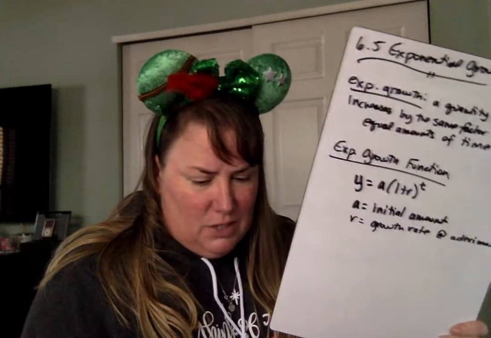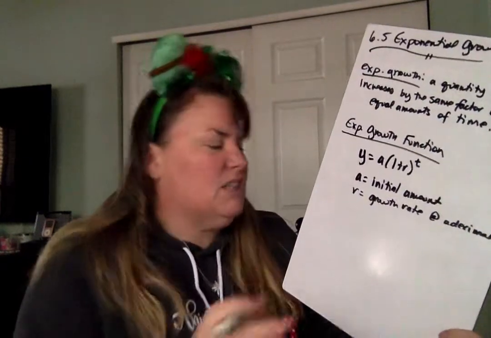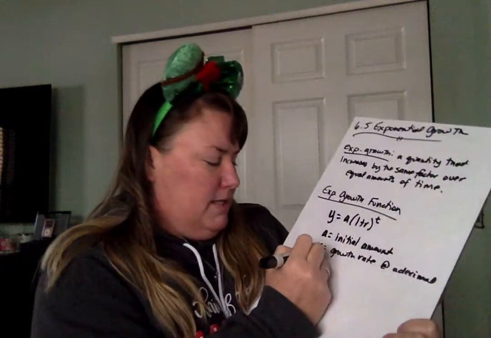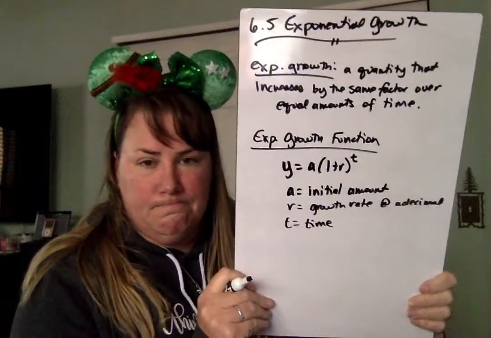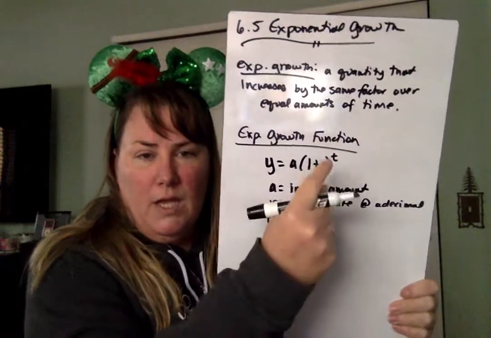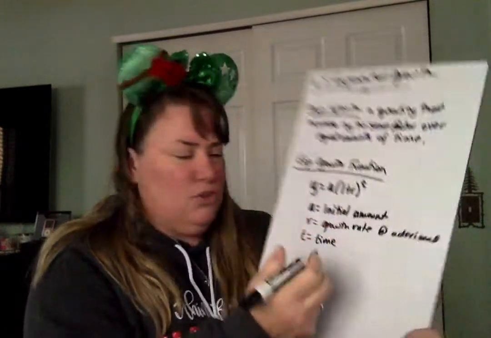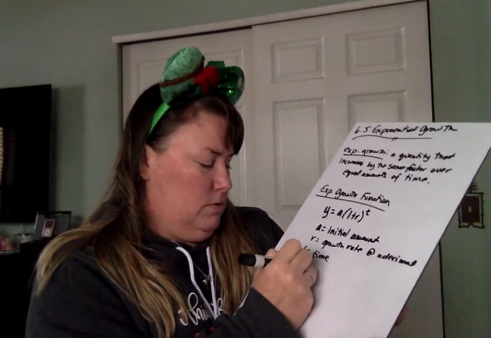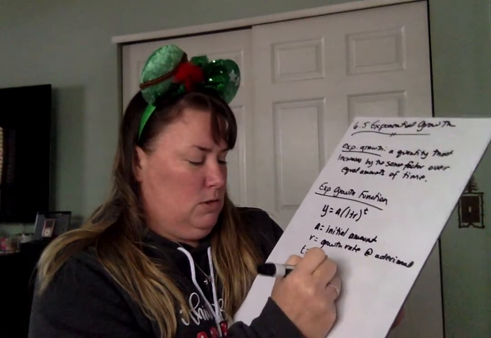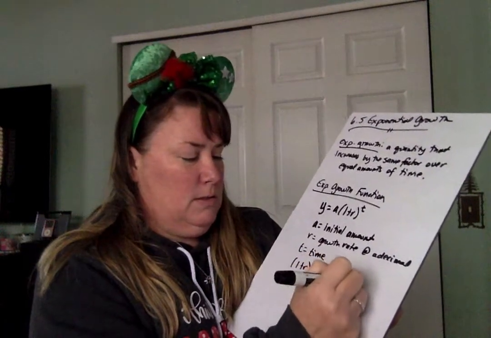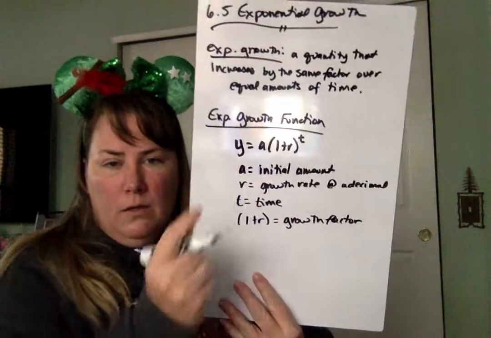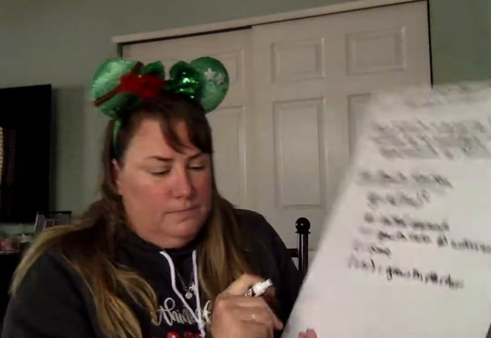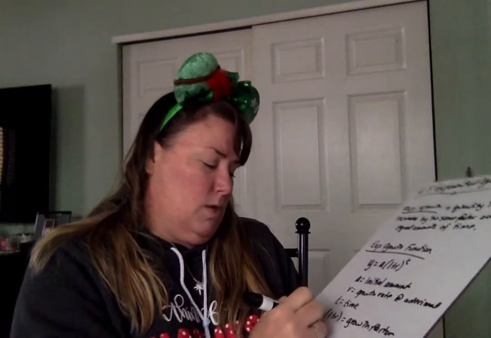T stands for time. And the 1 plus R, that is your growth factor. And then Y is your total. Y is total amount.